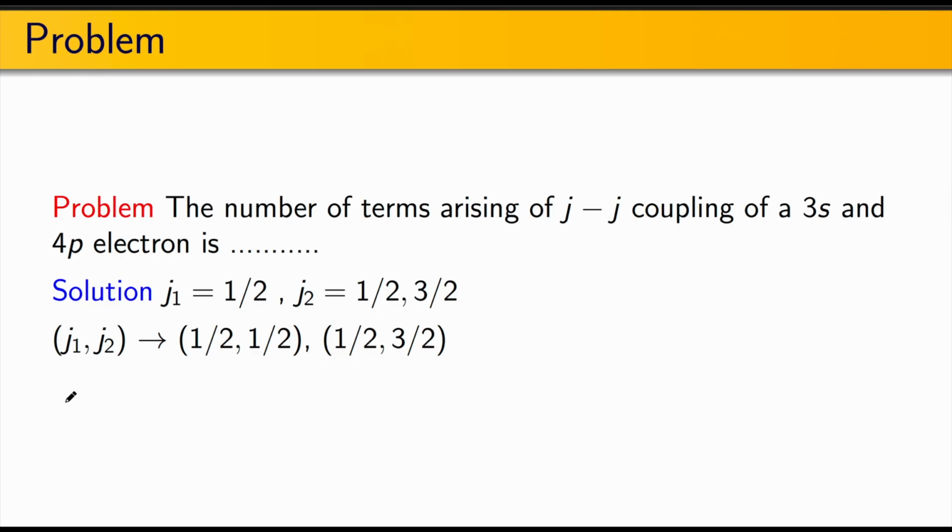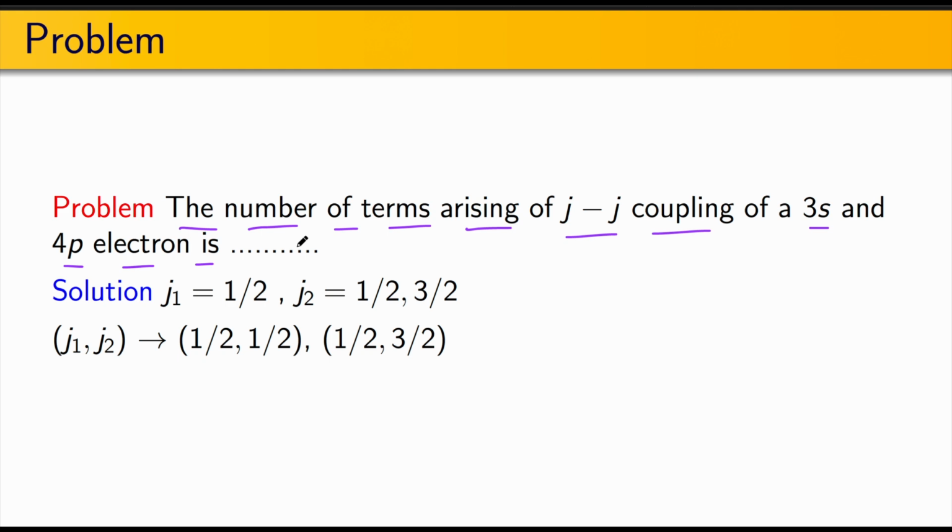This is the problem on JJ coupling. Here the number of terms arising from JJ coupling of a 3s and a 4p electron. What will be the number of terms?